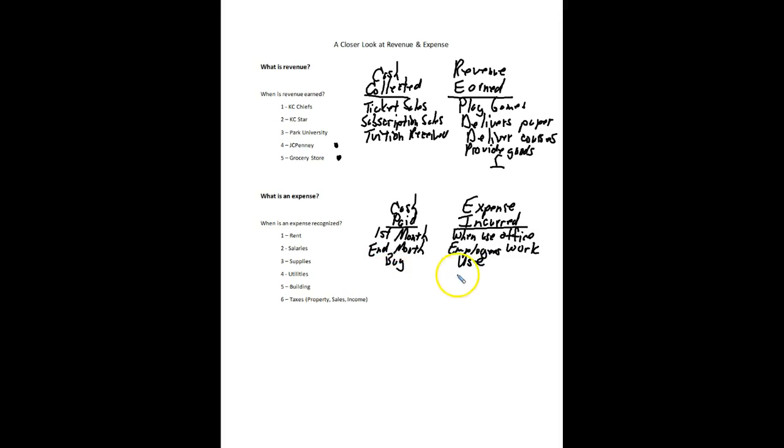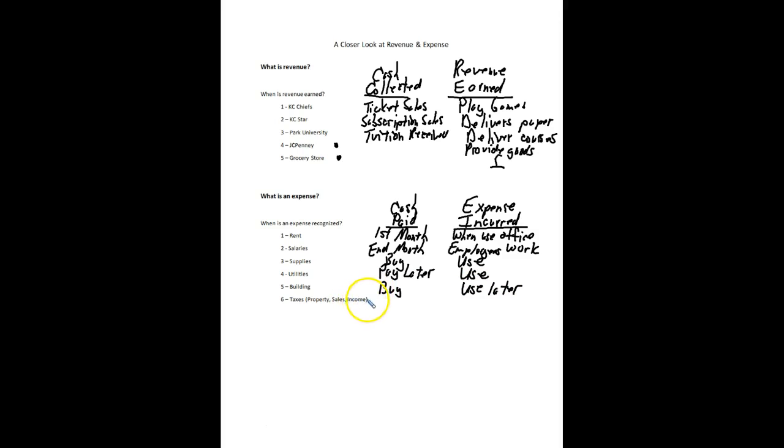Utilities, we use those, right? We use our utilities, and then we get a bill and pay later when we get our bill. The building, cash is paid when we buy it, and then we use it later. Right? We use the building after it's constructed.